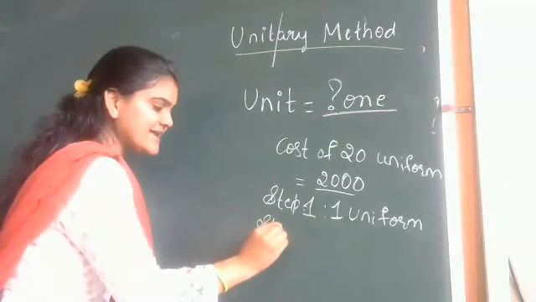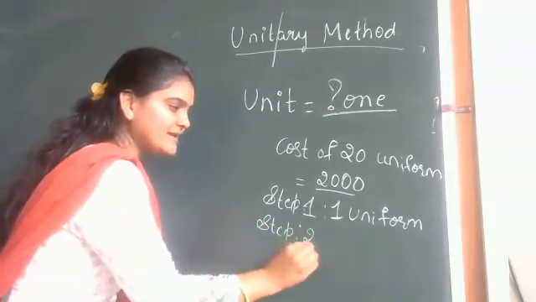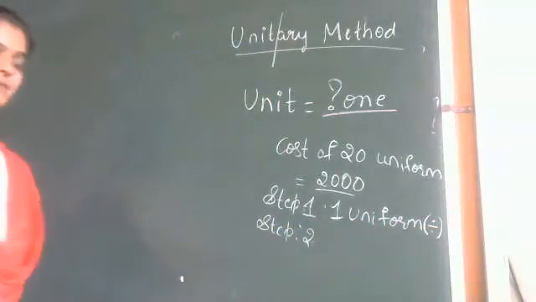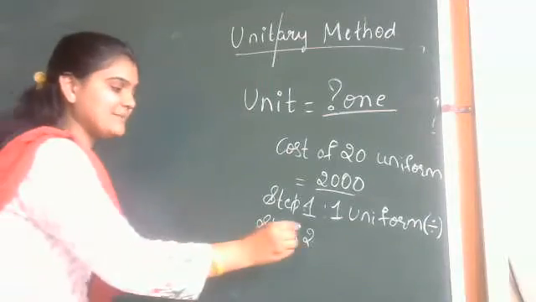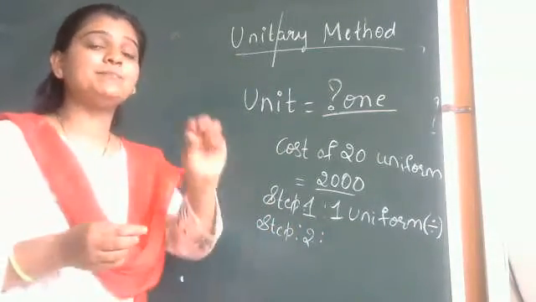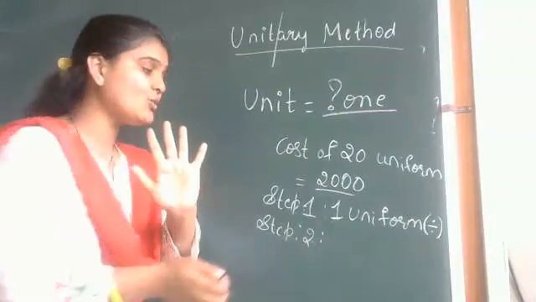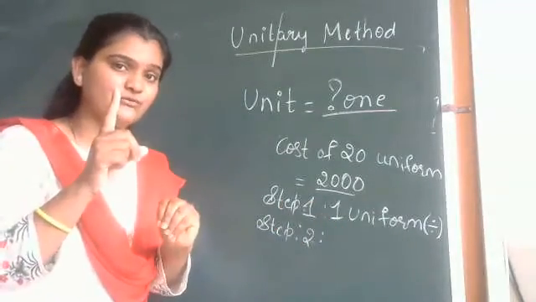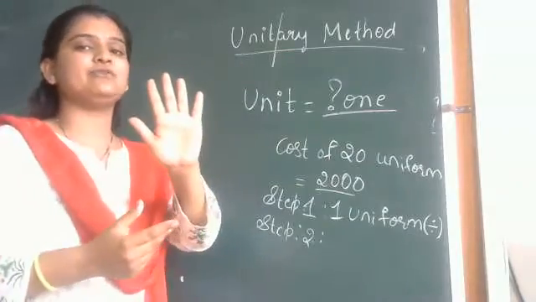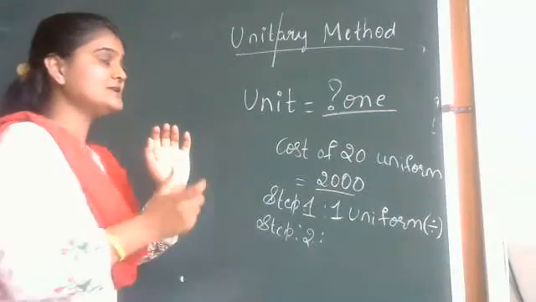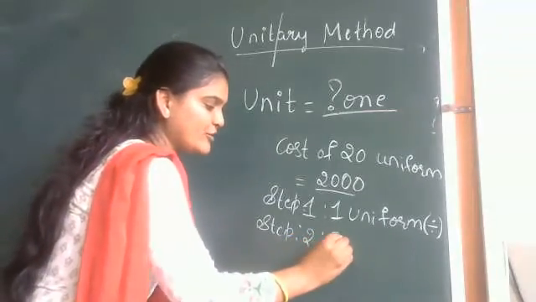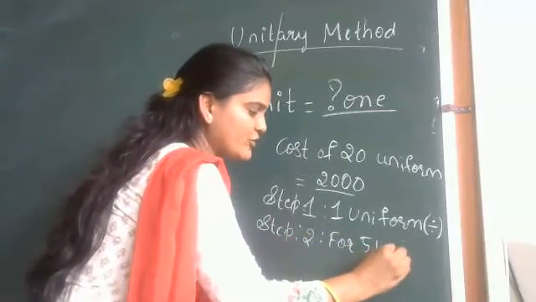So in the second step, what will you do? In the first step you follow the operation of division. In the second step, to calculate the cost of 5 uniforms, whatever answer you get for one uniform, you will multiply it by 5. So totally 2 operations will be followed, children.